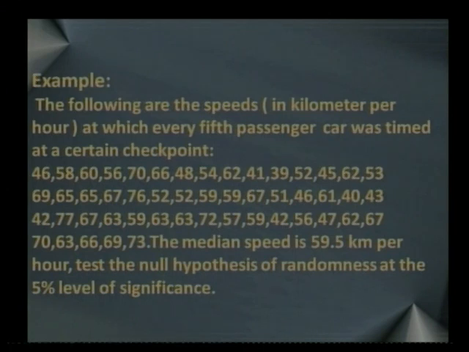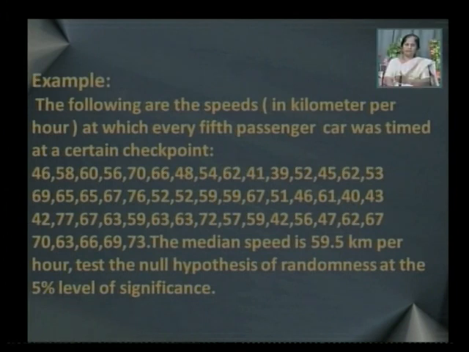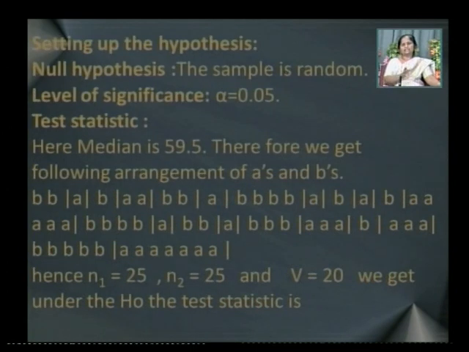So again we arrange the data: if a value is above 59.5 we assign the letter A, and if it is below 59.5 we assign the letter B. So it is like this. Setting up the hypothesis, what will be the null hypothesis?